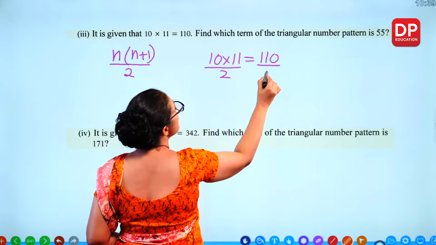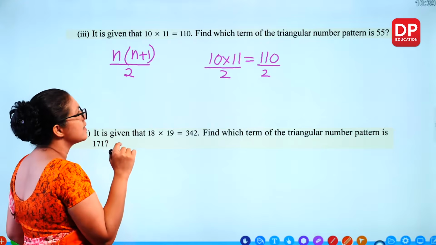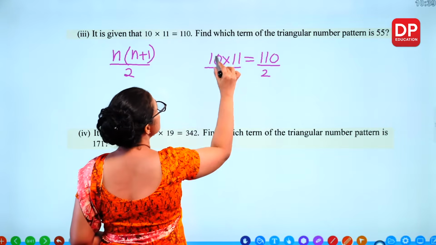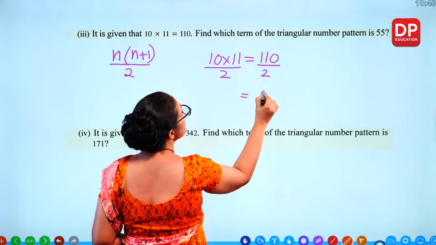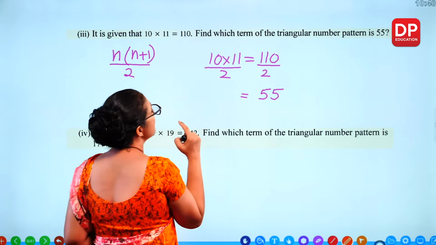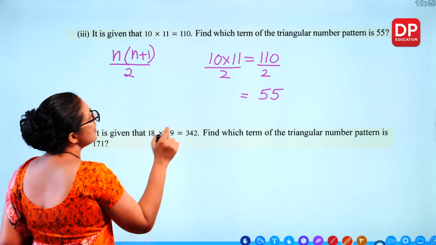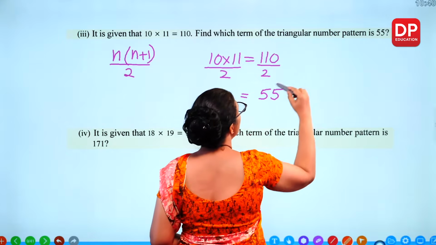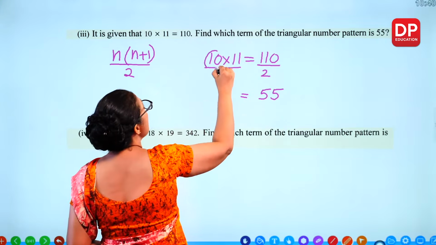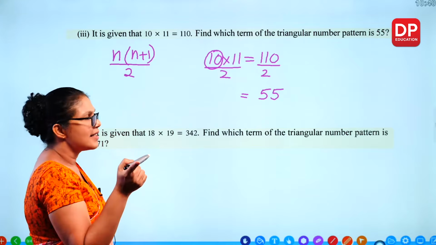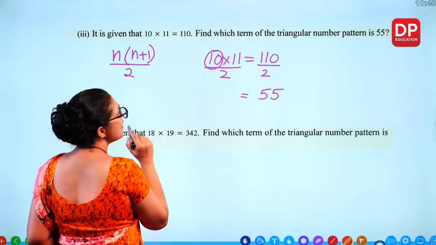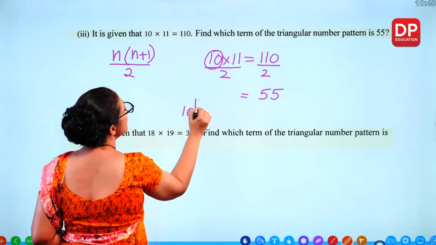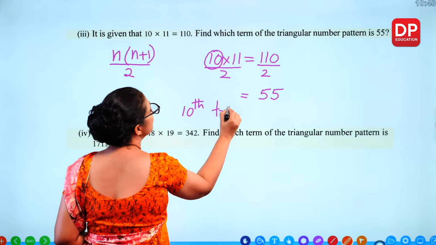You have to do the same thing to the other side. So this is equal to 110 divided by 2. You get 55. That means you get 55 when n equals 10. So which term is that? The 10th triangular number.